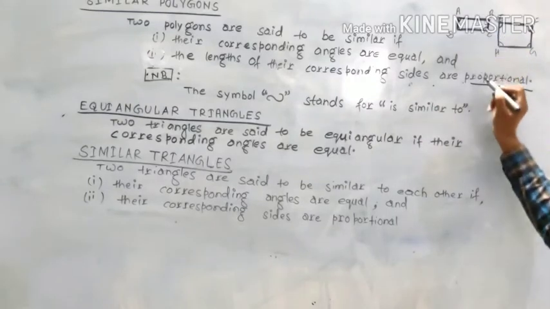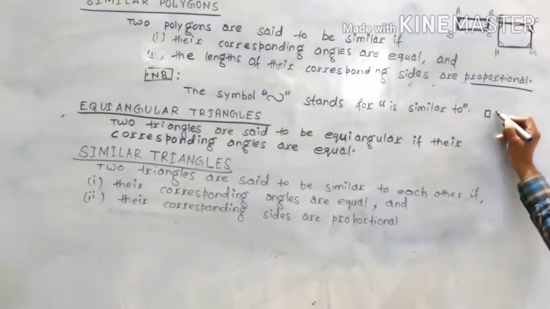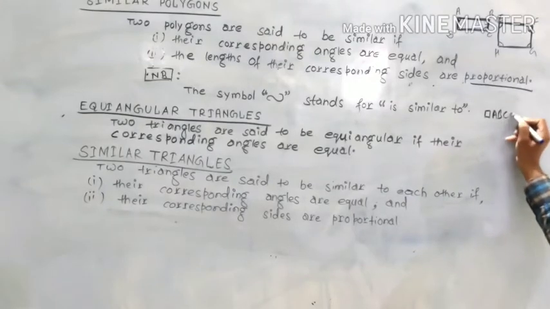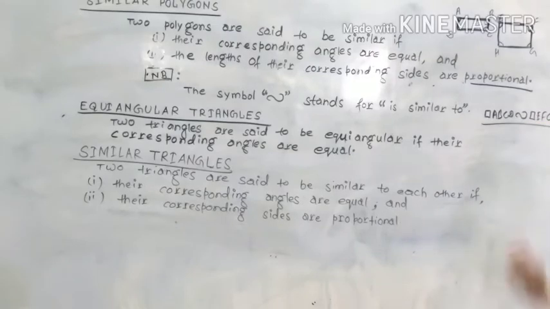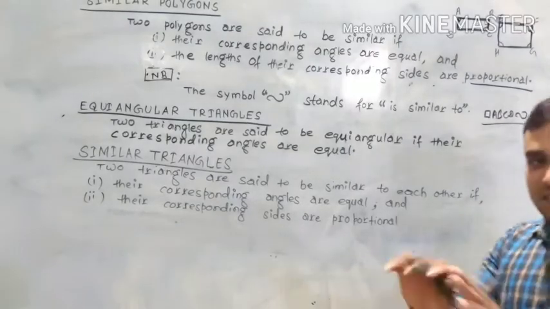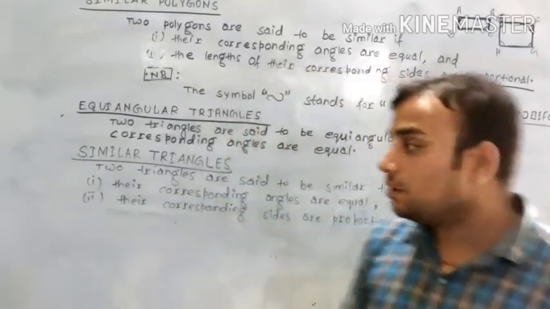That means in this rectangle, rectangle ABCD or polygon ABCD is similar to EFGH. This sign stands for is similar to.